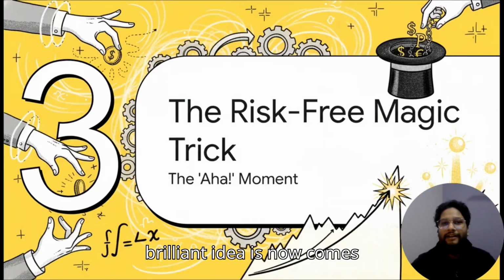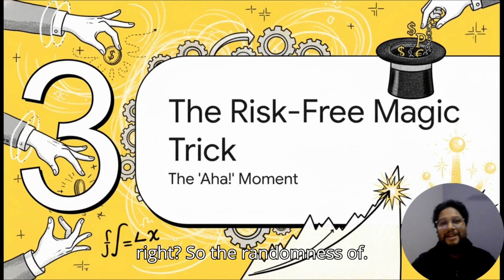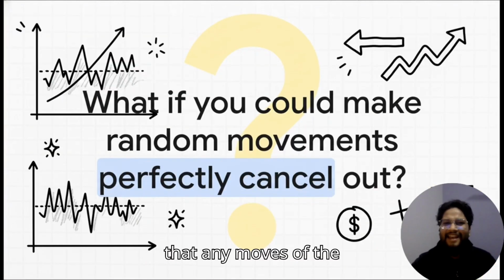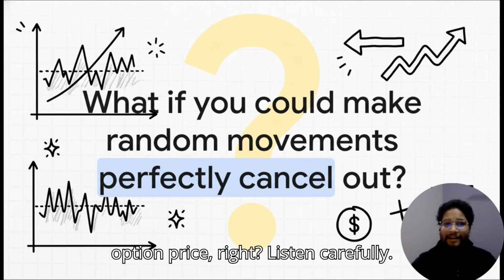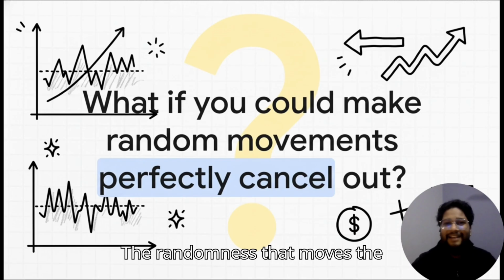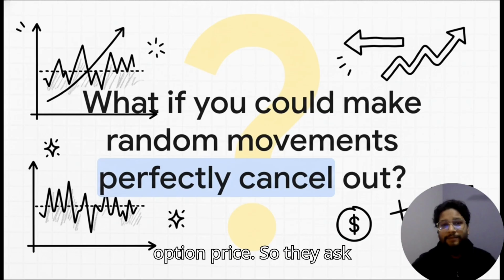Now comes the real genuine part, the realization of something very clever, right? The randomness that moves the stock price also moves the option price. Listen carefully: the randomness that moves the stock price also moves the option price.